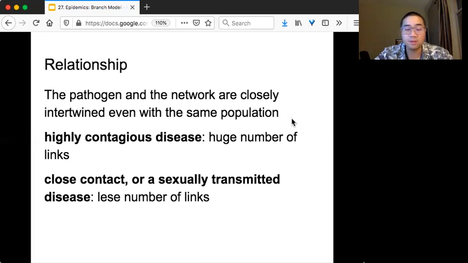For some diseases that only require close contact, like sexually transmitted diseases, the number of links is much, much less. So the network is not static; it really depends on what kind of disease, what kind of epidemic you are looking at.